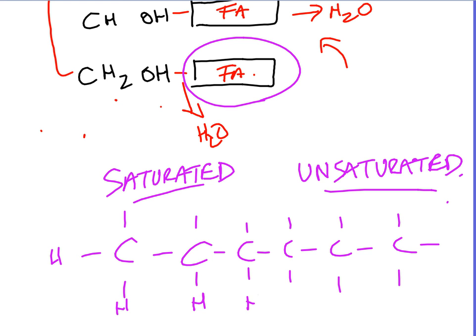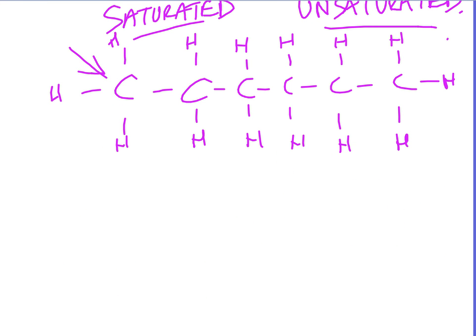These would all be hydrogens here. That means there are no double bonds at any point within the molecule. So this fatty acid chain, this carbon chain, which is what a fatty acid chain is made of, is fully saturated with hydrogen.